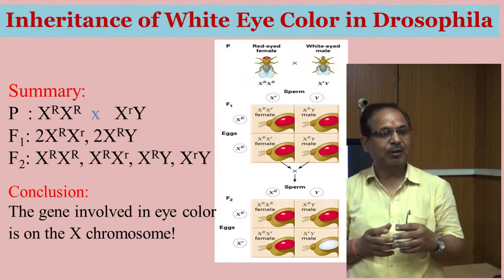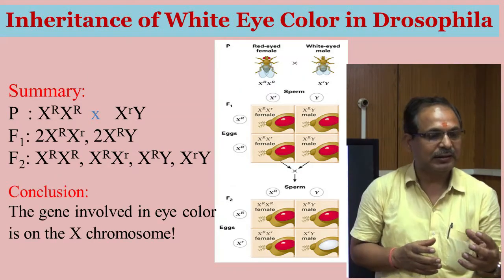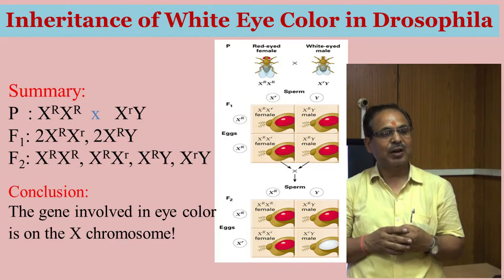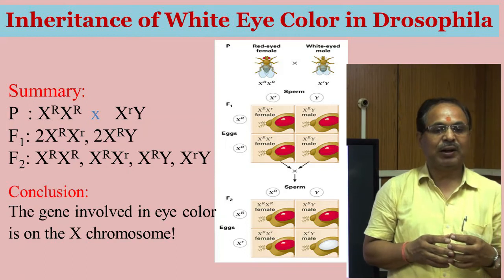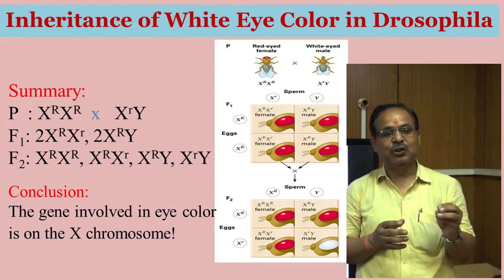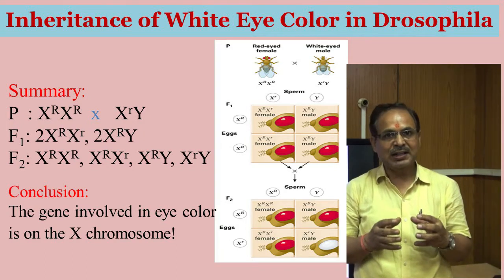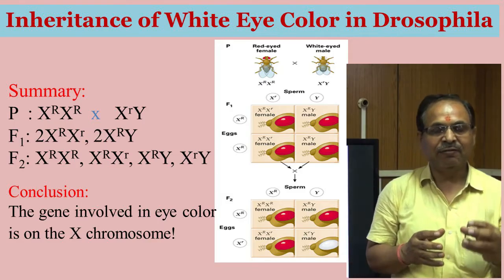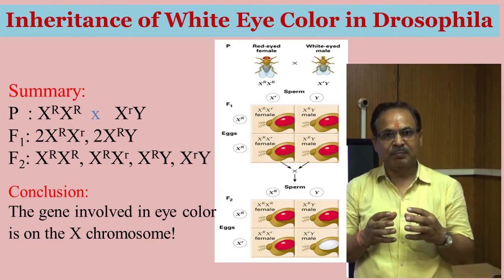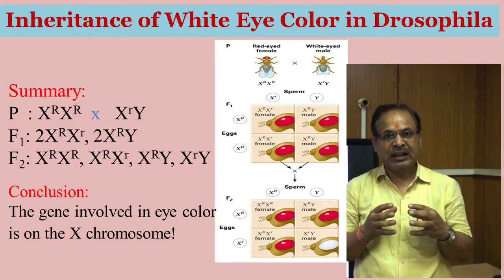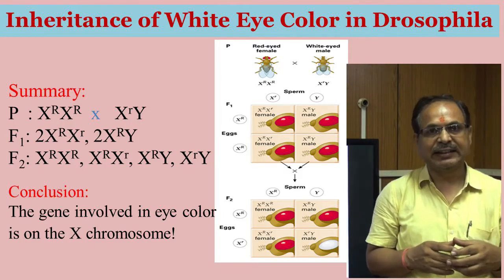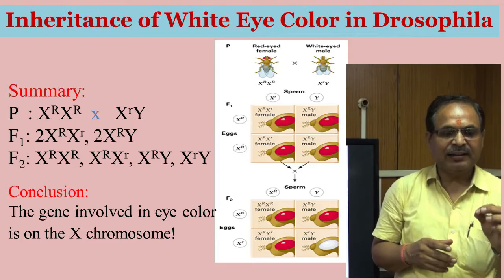When we look at the inheritance of white eye color in Drosophila, when a red-eyed female is crossed with a white-eyed male, in F1 all the fruit flies produced, irrespective of their sexes, were red-eyed.